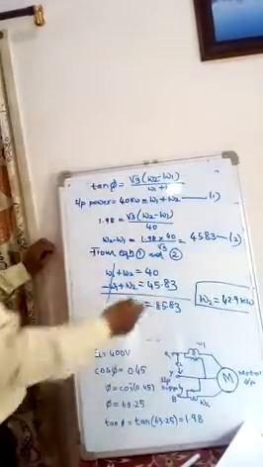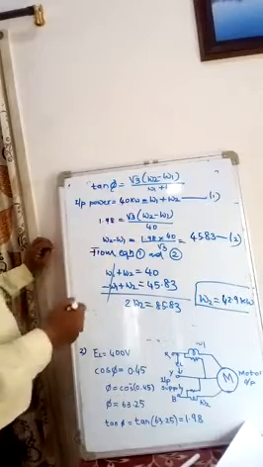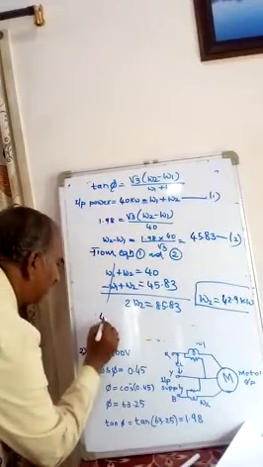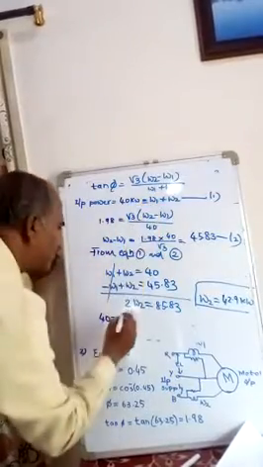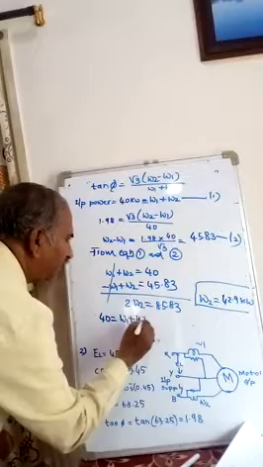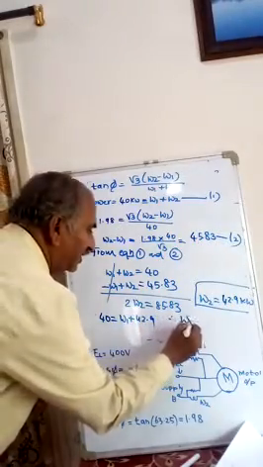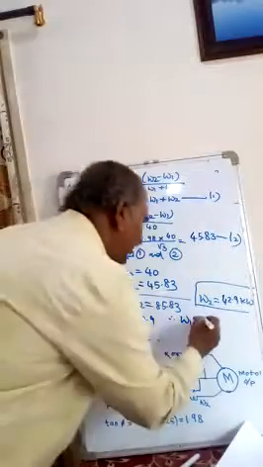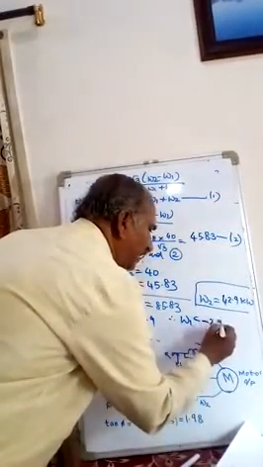Then once you know W2, you go to equation 1 and substitute, that is 40 kilowatt equal to W1 plus W2, 42.9 kilowatt. Hence you can calculate W1 equal to minus 2.9 kilowatt.